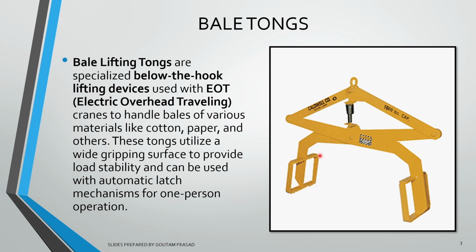It is able to hold the material very firmly and tightly so that it doesn't slip. It provides load stability and can be used with an automatic latch mechanism for one person operation.